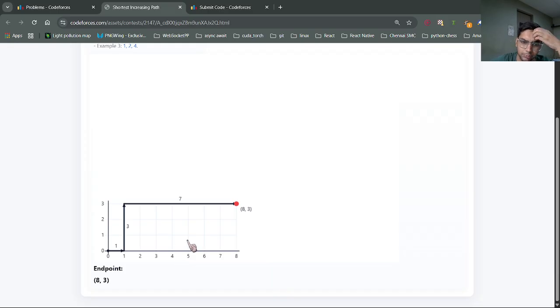So, for example, 1 comma 1 we can't go. Basically, y equal to x are aligned. You can't go anywhere, obviously. Also 1, 1 we can't go. It must be like 2 or something.